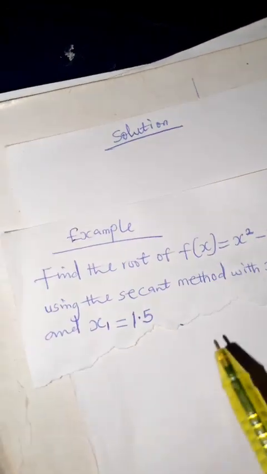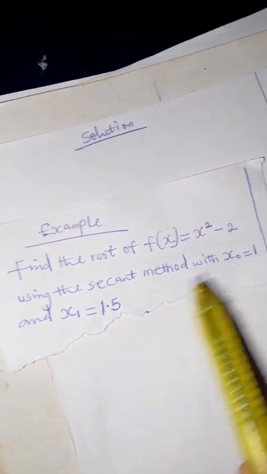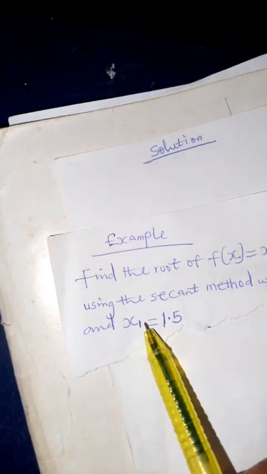Now first and foremost, I'm going to be writing the solution of this question. From the question, I'm going to bring out the parameters. I was given f of x, x0 is 1, x1 is 1.5, so I'm going to write them out.